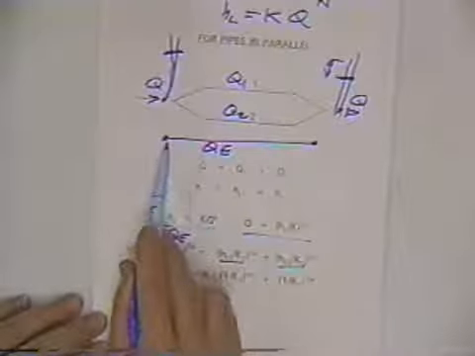All that's just to say that one pipe with that K is equivalent to those two pipes with those two Ks related by that expression. And so for pipes in series and pipes in parallel, we have those basic relationships.